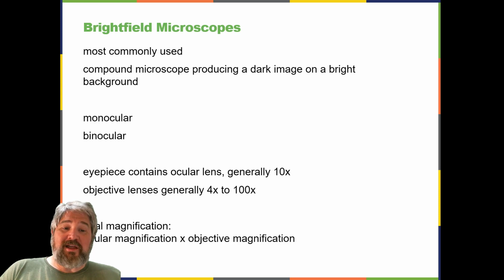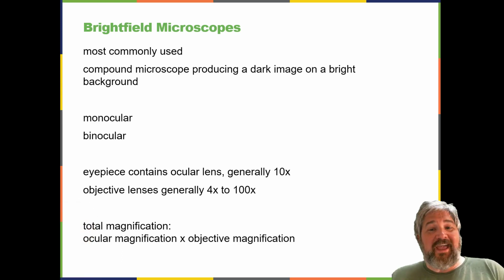At the other end of the body tube are a set of objective lenses on a rotating nosepiece. The magnification of these objective lenses typically range from 4x to 100x, with the magnification for each lens designated on the metal casing of the lens. The ocular and objective lenses work together to create a magnified image.